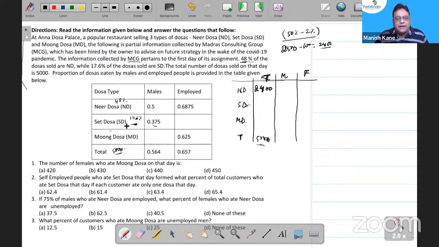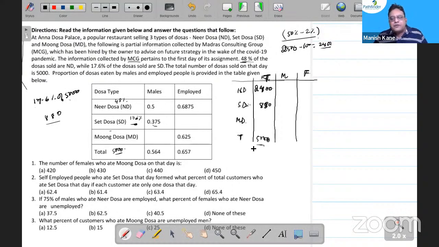Set dosa is 17.6%. So 17.6% of 5,000. How much will that be? I should be able to calculate this orally. 0 carry 3, 5 8s carry over 3, 5 ones are 5 plus 3, 8. So set dosa has been eaten by 880 people.